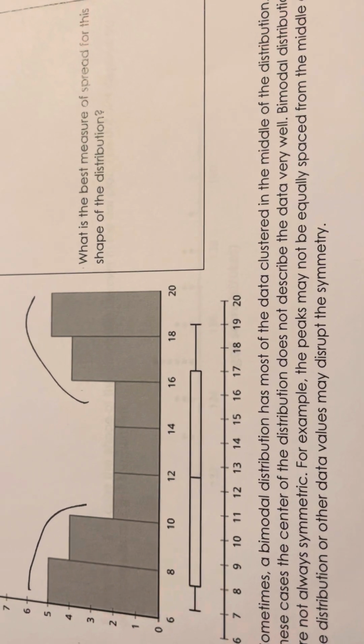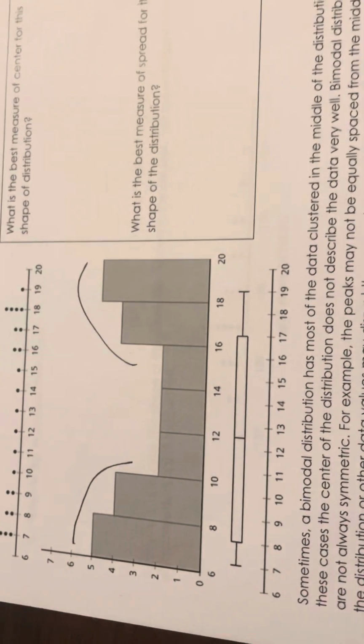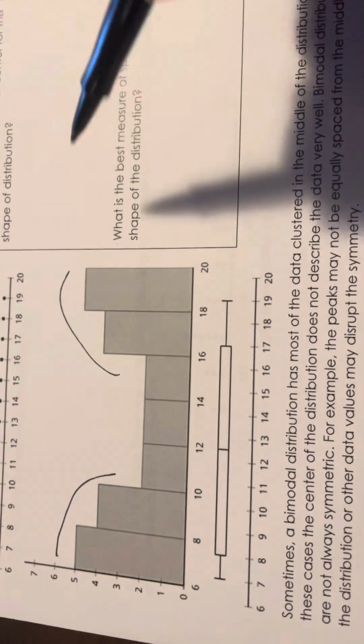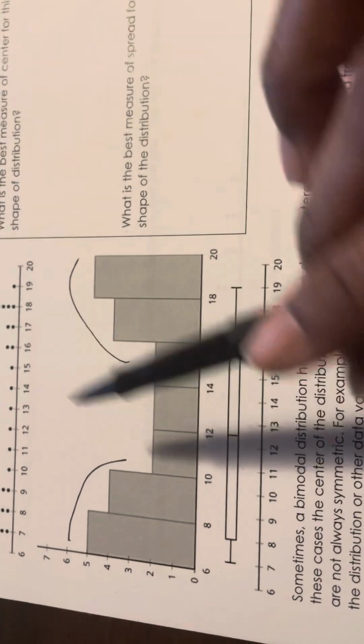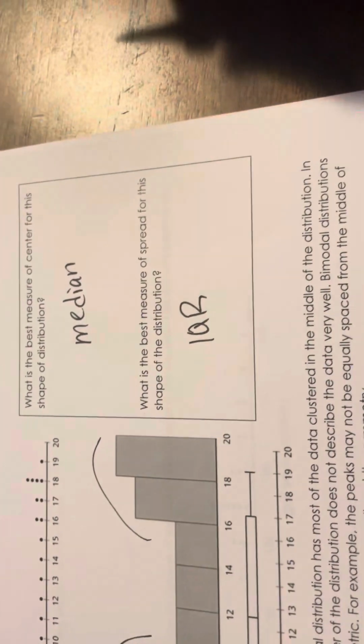Bimodal distributions are not always symmetric. You see how this is a nice, good example, but sometimes you can have bimodal distributions with two peaks where it doesn't look as nice. In most cases of bimodal, you would use the median and the IQR for the measure of spread.